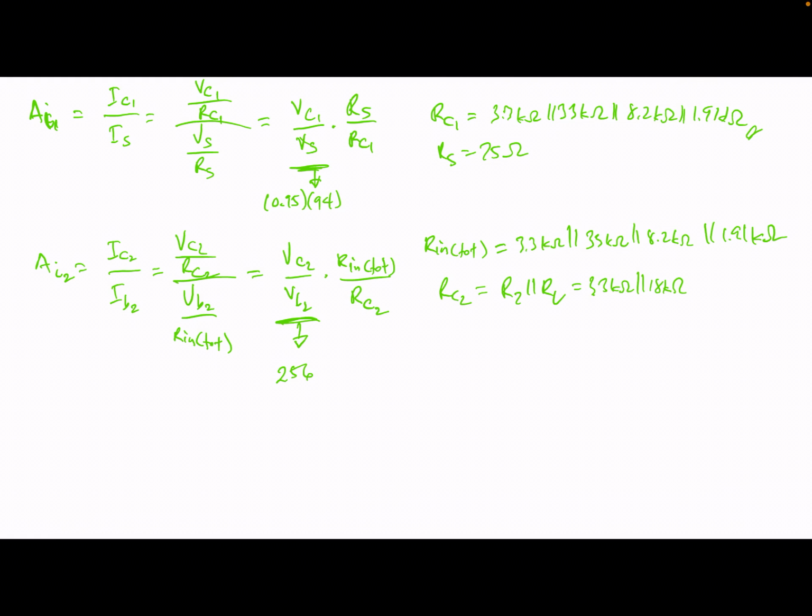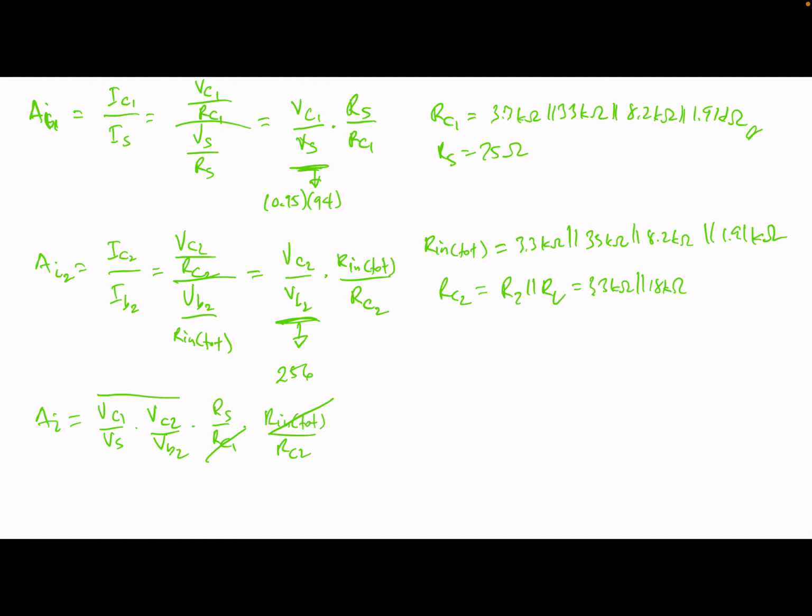Now if we rewrite everything, the overall current gain is just VC1 over Vs times VC2 over VB2, times Rs over RC1 times R in total over RC2. Now this is the same with this, so it cancels out.